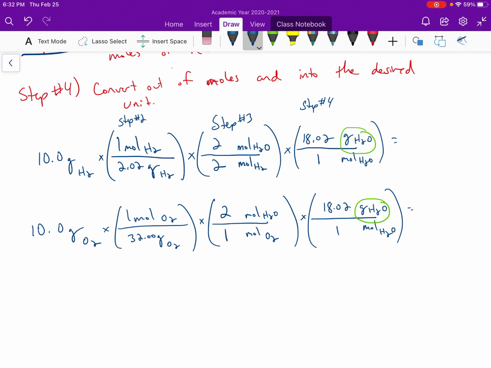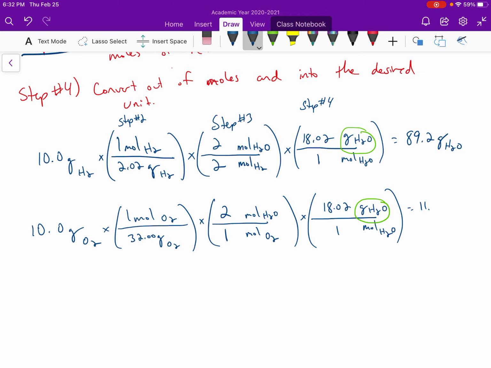So I'm going to say 10 grams of hydrogen divided by 2.02 times 2 over 2, or 1 over 1, times 18. That's going to give me 89.2 grams of water. All right, next one. 10 grams divided by 32 times 2 times 18.02.